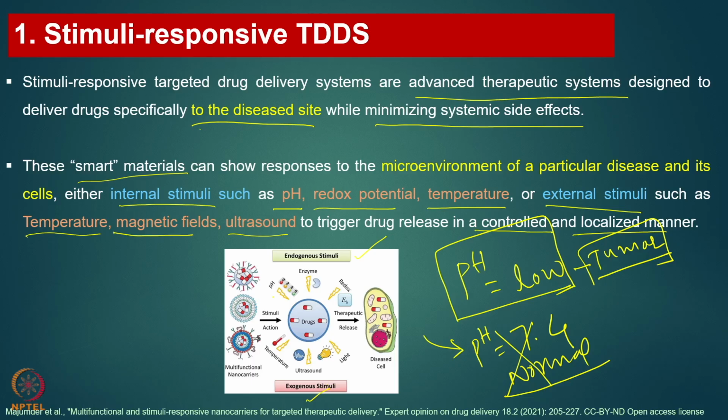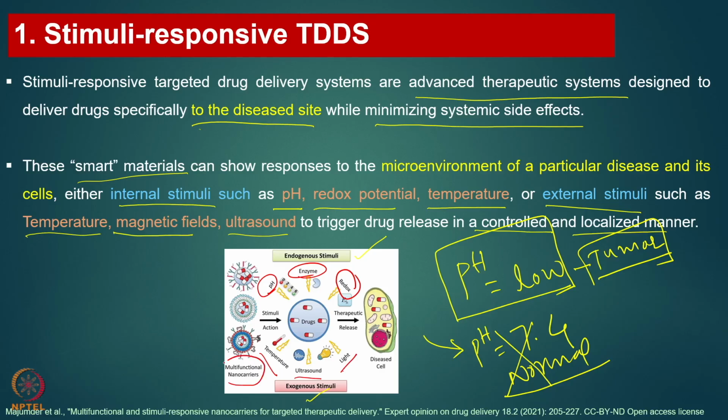Now these are the various types of stimuli. Here you can see pH, enzymes available in the diseased condition, and redox potential. There are other things which we will see in the upcoming slides. In the case of temperature, ultrasound and light, we need to provide them.